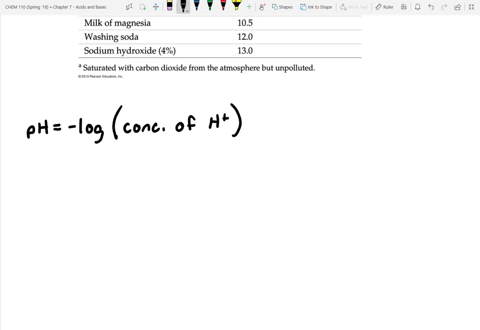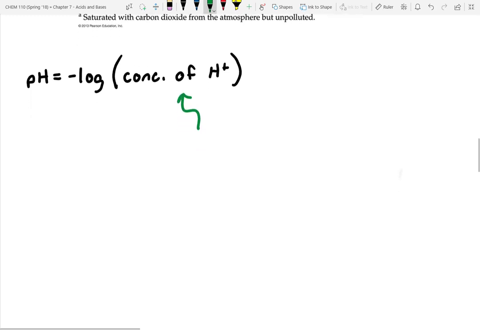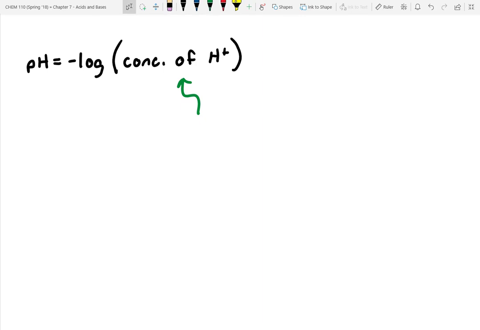of H+. And the other thing to remember is that concentration in chemistry is usually measured using what units? Molarity, exactly. Or moles over liters, in case you forgot.